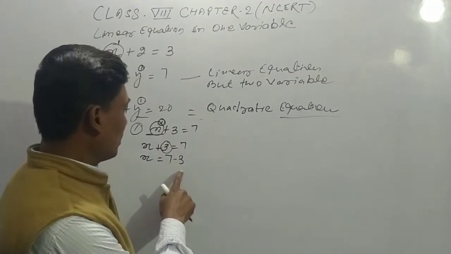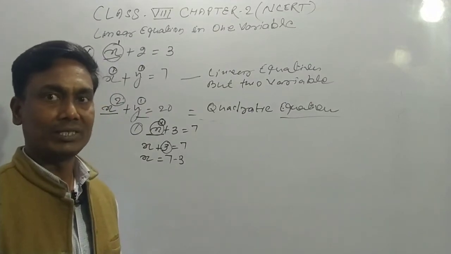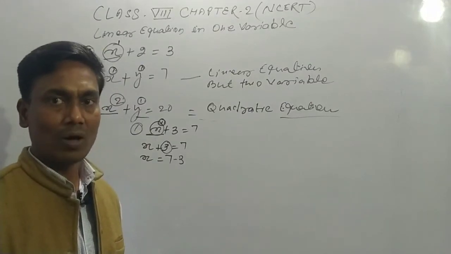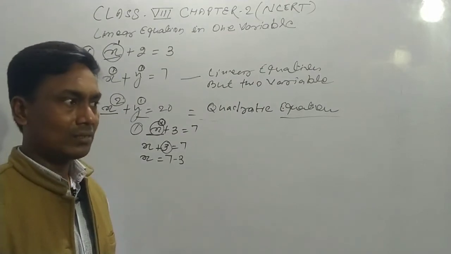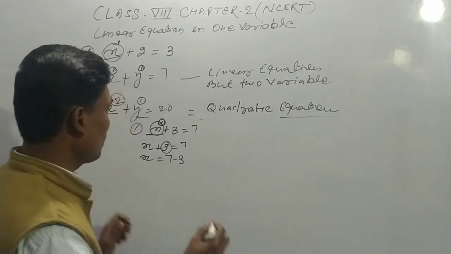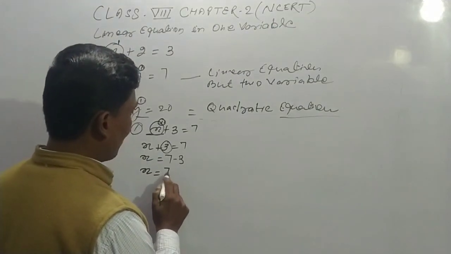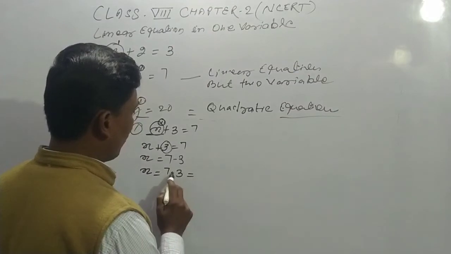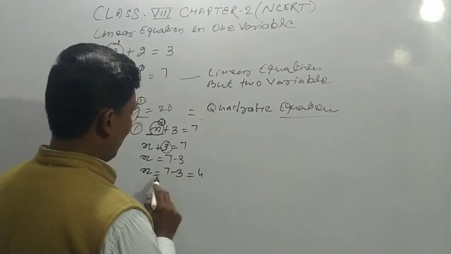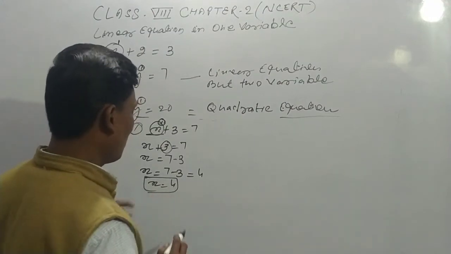When we replace the position of an integer or variable, the sign will be changed from plus to minus or minus to plus with respect to the equal sign. Then x is equal to 7 minus 3, which is equal to 4. Then we find the value of variable x is 4.